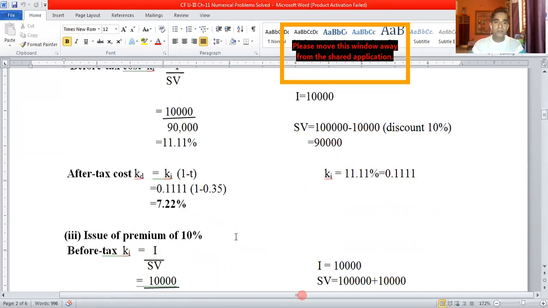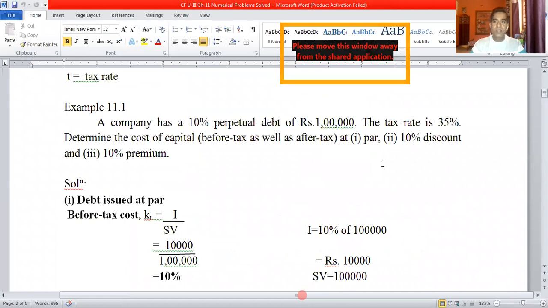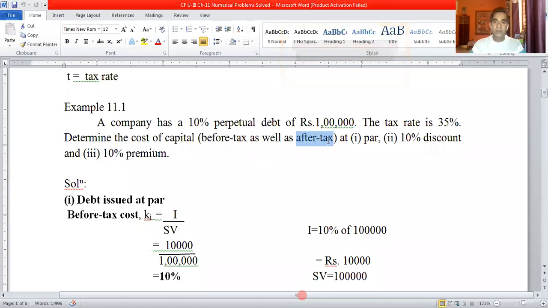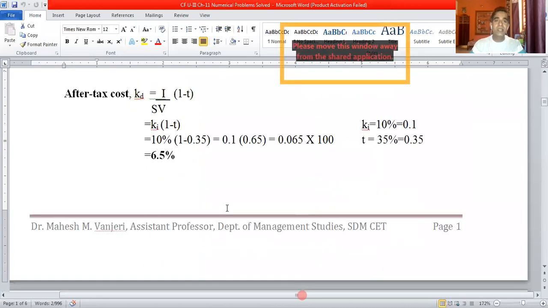Now situation 3, or case 3: when the debt is issued at 10% premium, we have to calculate the before-tax cost as well as the after-tax cost of debt, where 10% premium means 10% more than the face value.